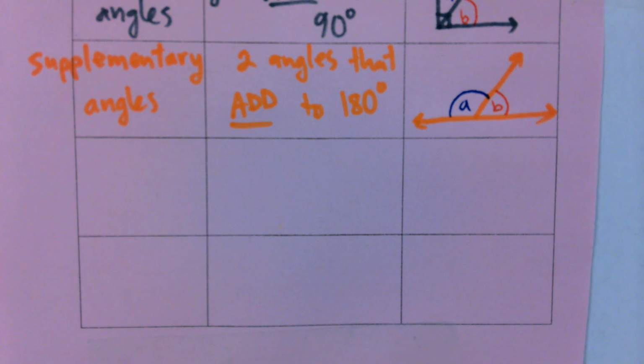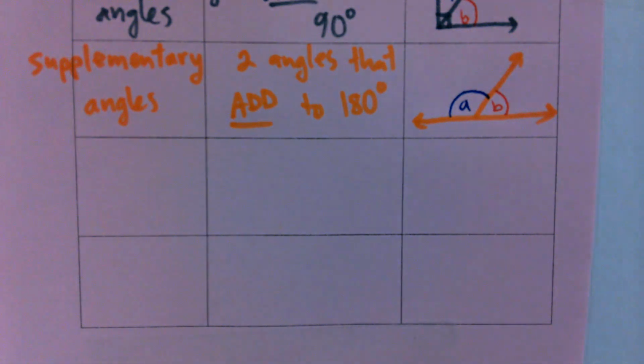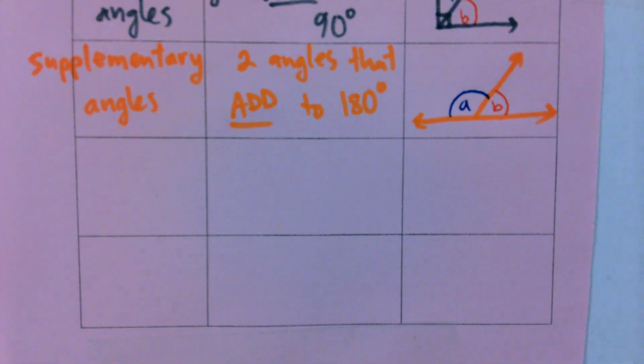Now in this example, what type of angle is angle A? Obtuse, exactly. And what type of angle is angle B in this diagram? Acute, exactly. So we have an obtuse angle and an acute angle.